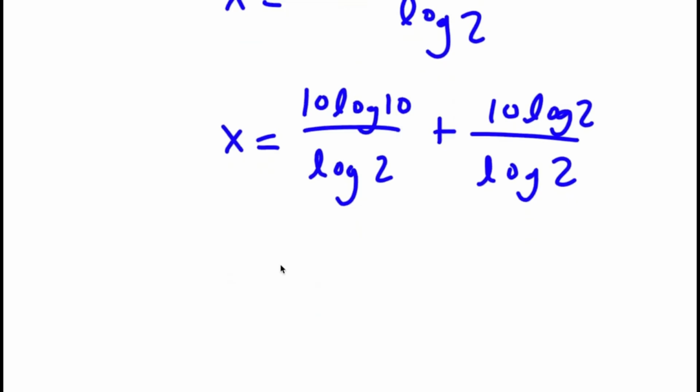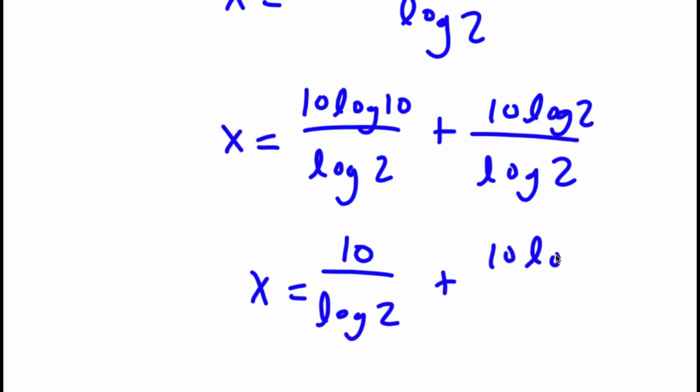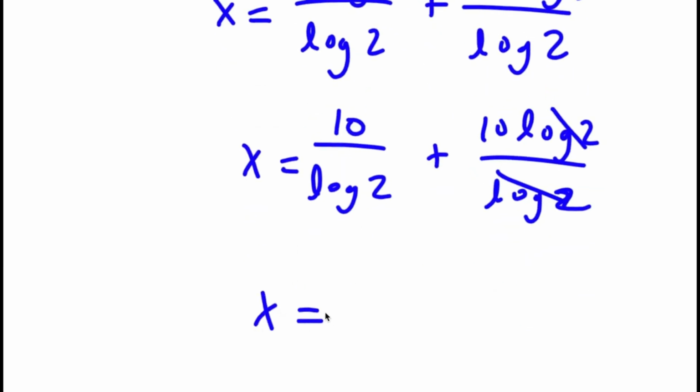Now, log 10 is actually equal to 1. So now I have x is equal to 10 over log 2 plus 10 times log 2 over log 2. And these two log 2's are actually going to cancel out. So now I'll be left with x is equal to 10 over log 2 plus 10.